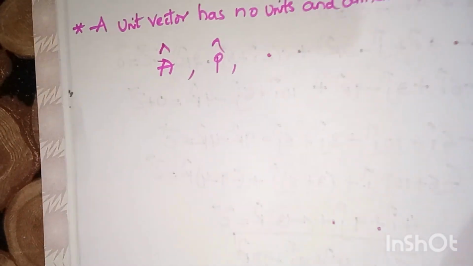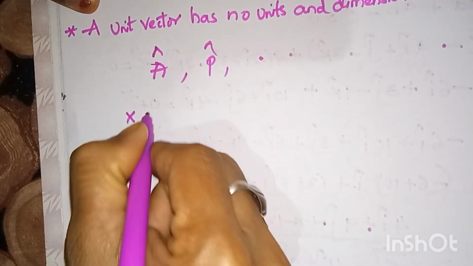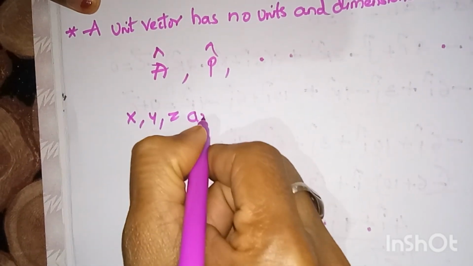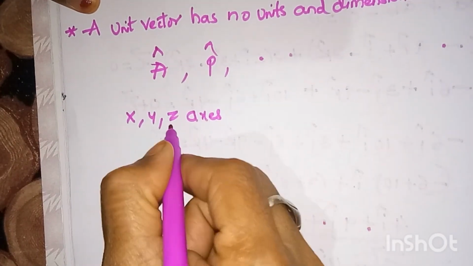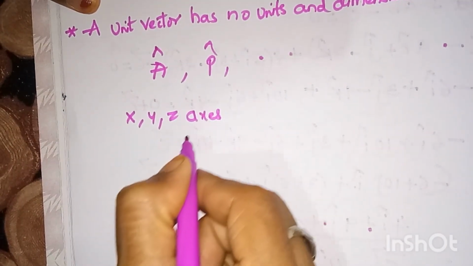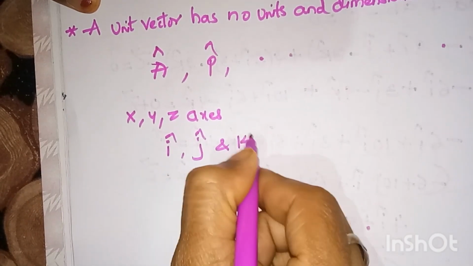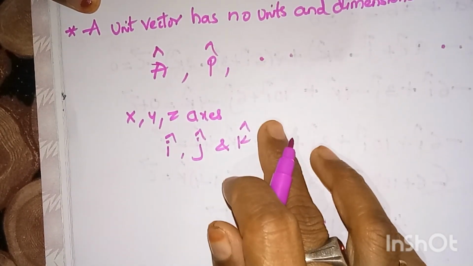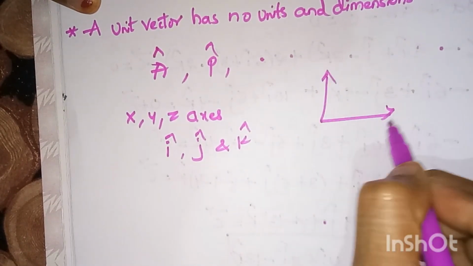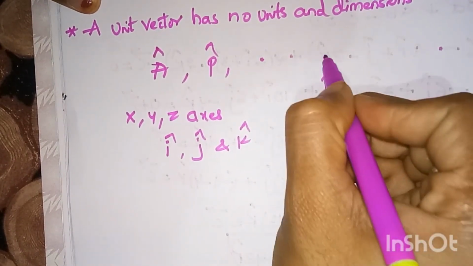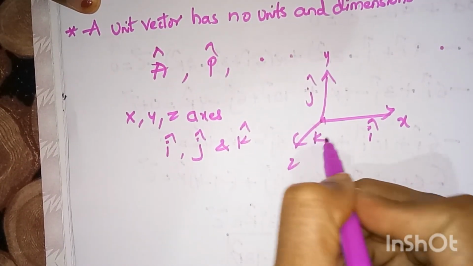In the Cartesian coordinate system, meaning the x, y, z axes, the unit vectors are i cap, j cap and k cap. We have already discussed in previous classes that for the x axis the unit vector is i cap, for the y axis the unit vector is j cap, and for the z axis the unit vector is k cap.